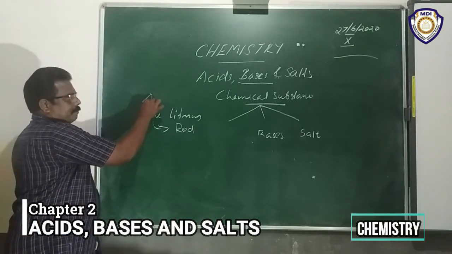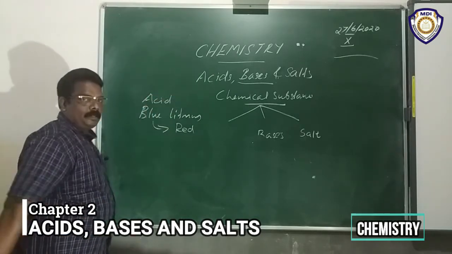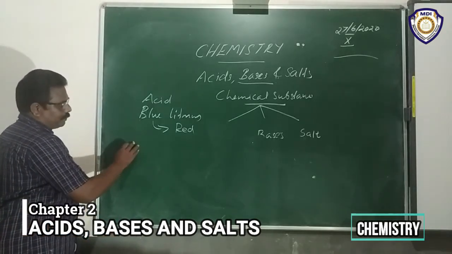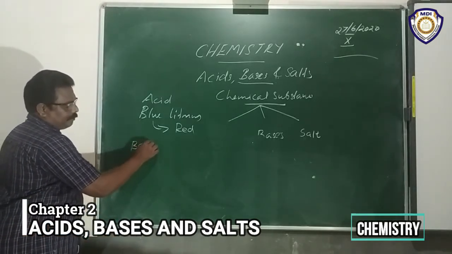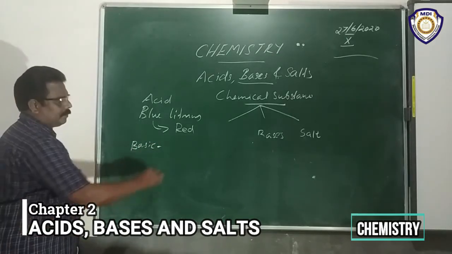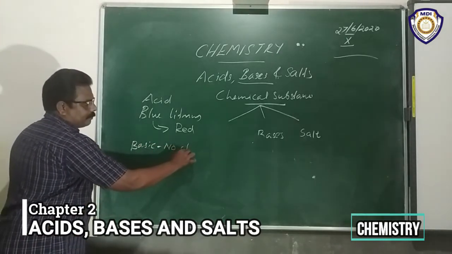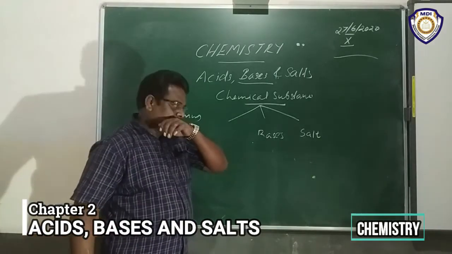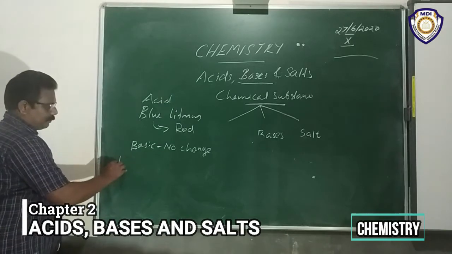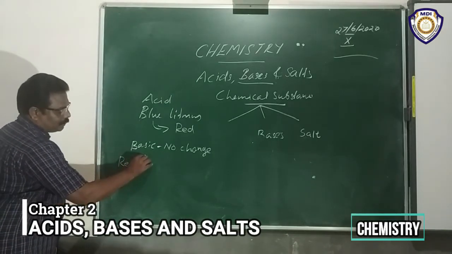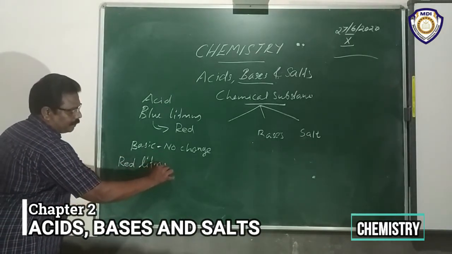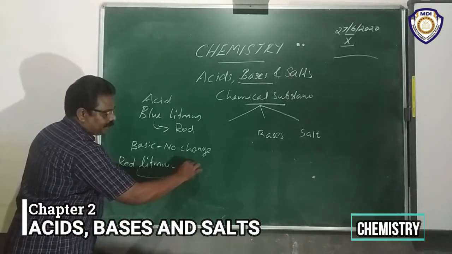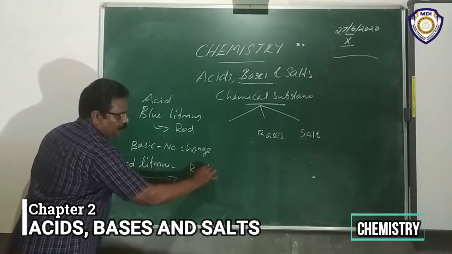That is acid medium. And what happens to blue litmus in basic medium? No change. But the color of red litmus paper is changed in basic medium from red to blue.